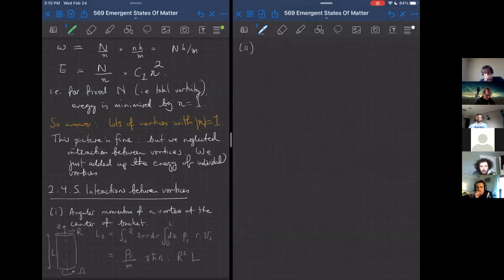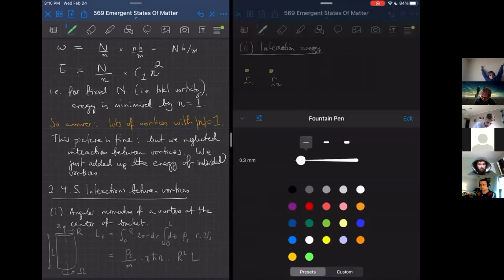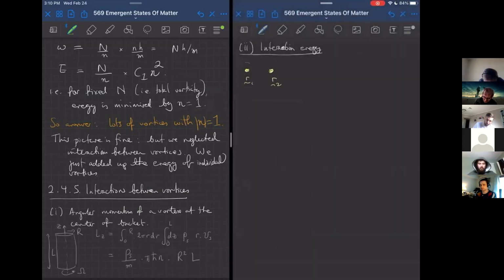Now I want to talk about the interaction energy between vortices. So how do we work out the interaction energy? Well, what we do is we simply write down two vortices. So here's a vortex at R1 and a vortex at R2. And then, of course, we have the flow fields that go around these vortices, sort of drawing like that.